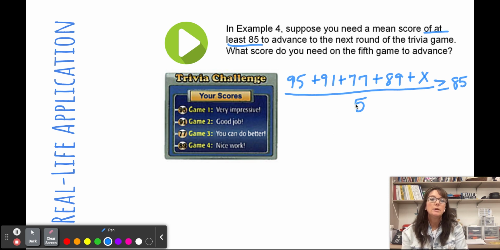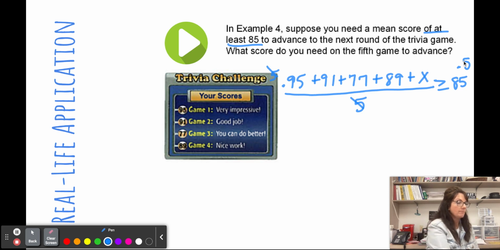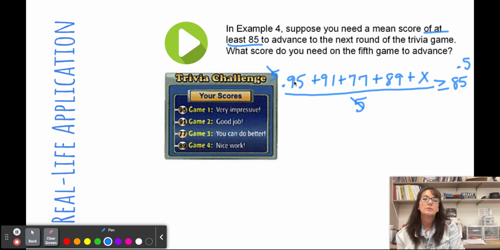So we want to start off by multiplying both sides by 5. That'll cancel this 5 and this times 5. I've gone ahead and worked this out so I could do the math a little easier. I'm also going to add these numbers, the like terms here.